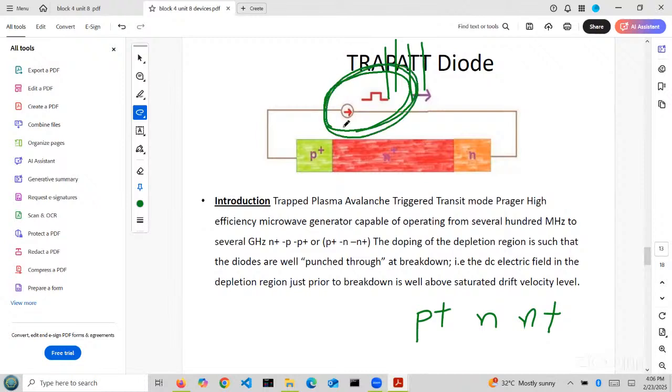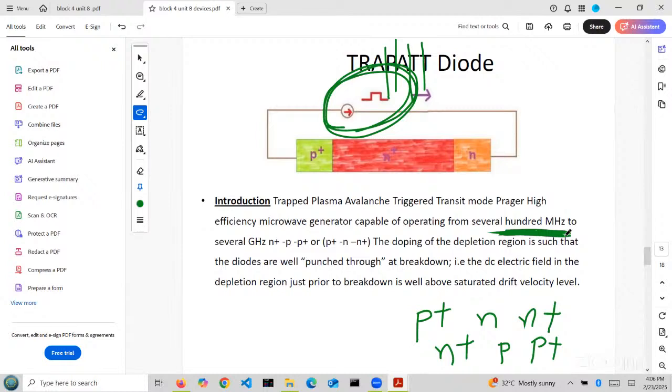We have two options: either P plus, N plus, or the other option, N plus, P plus. P plus, N plus, P plus. These combinations can work, and it is operated up to megahertz frequency.